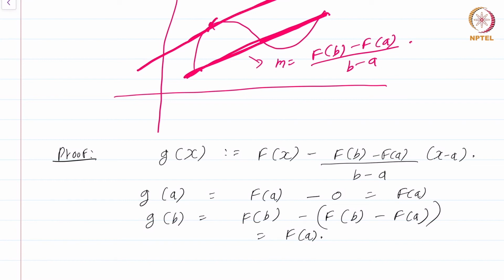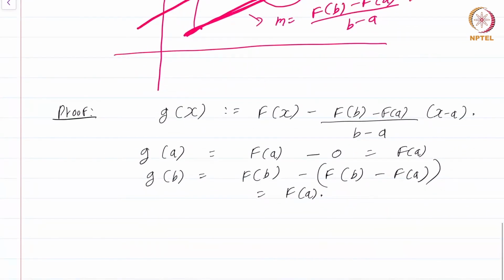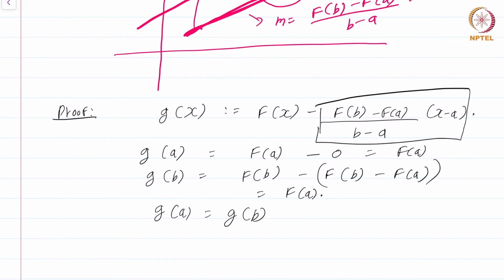So what we have managed to do is make g of a equal to g of b by subtracting this f of b minus f of a by b minus a into x minus a.